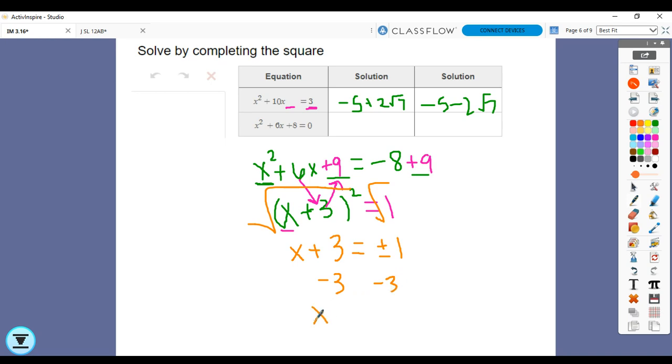Now, let's think about this. x equals negative 3 plus or minus 1. So if it's negative 3 plus 1, what is that value? Don't forget your x's up here. In Desmos, you've got to have x equals. Negative 3 plus 1 would be negative 2, and negative 3 minus 1 is negative 4.